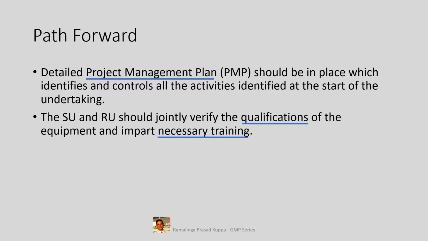The sending unit, that means the originator, and the receiving unit, that is within the manufacturing section or any other third party also. The qualification of process and analytical equipment and necessary training should be done at this stage.